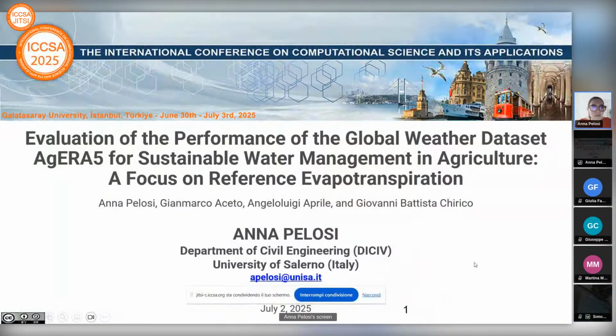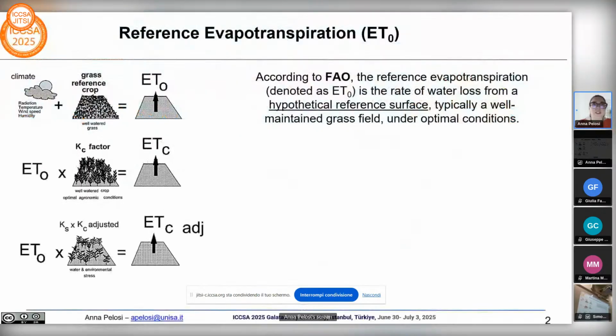Thank you. Good morning. I am Anna Pelosi, an assistant professor from the University of Salerno. Today I'm going to talk about the evaluation of the performance of the global weather dataset AG-ERA5, used for sustainable water management in agriculture. The focus will be just on reference evapotranspiration. A quick introduction about the definition, just to share a common framework.